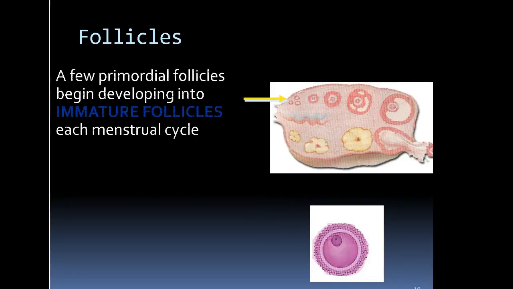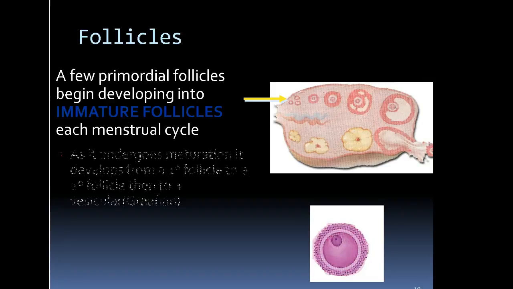It says what we want to do is bring a few of these primordial follicles to maturity with each menstrual cycle. Even though we're bringing a few along with each cycle, again, only one usually is chosen to go the entire way.